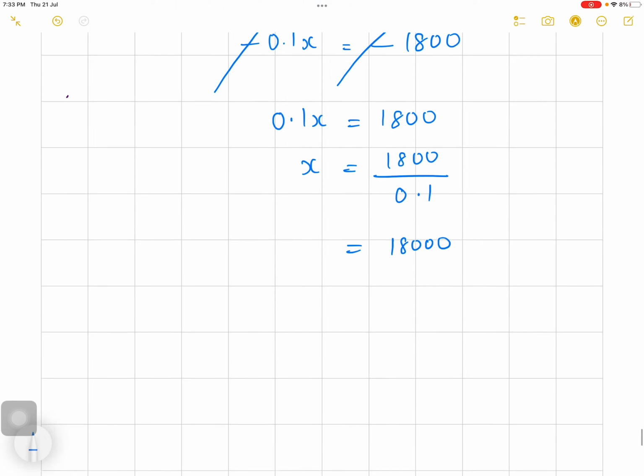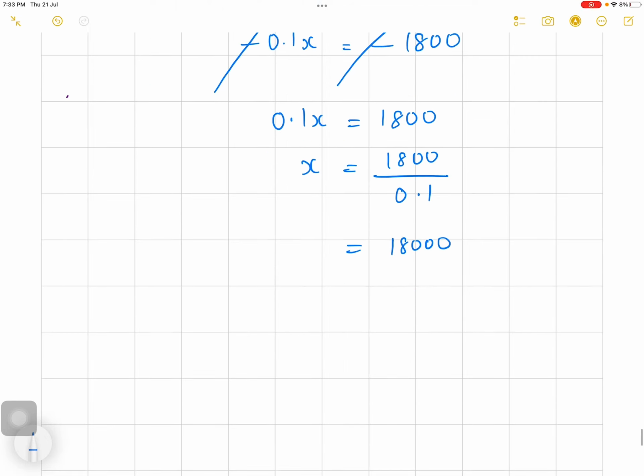And the amount deposited at 12% is 50,000 minus x, so 50,000 minus 18,000, which is rupees 32,000.